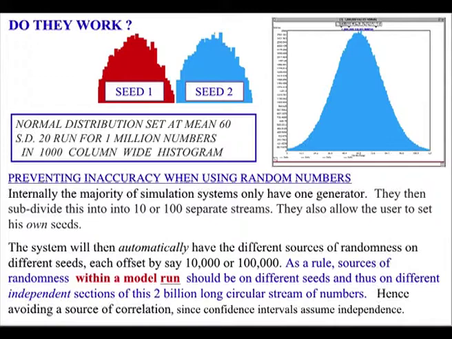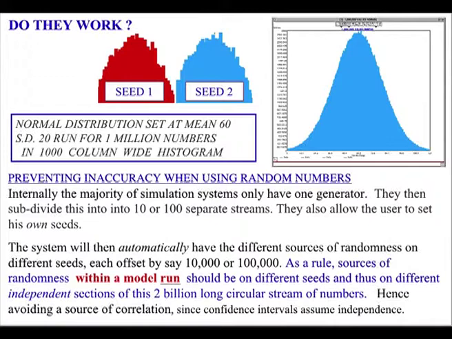If you look closely at the outputs for seed 1 and seed 2, looking like a collection of skyscrapers, the values between the two outputs are slightly different. So each time you have an output and a different seed number, you get a slightly different output from the standard distribution generator, preventing inaccuracy when using random numbers.